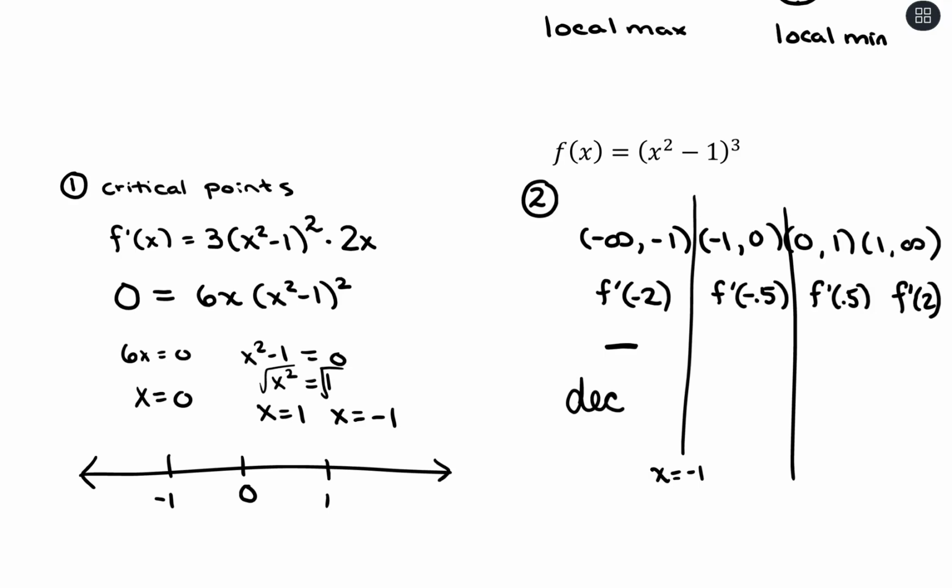And then to the right of it, if we plug in a negative 1/2, that'll be a negative 3 times 1/4 minus 1 squared. And that is negative as well, so we are decreasing. And then a positive 1/2.